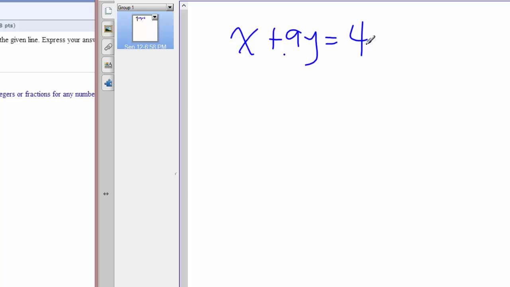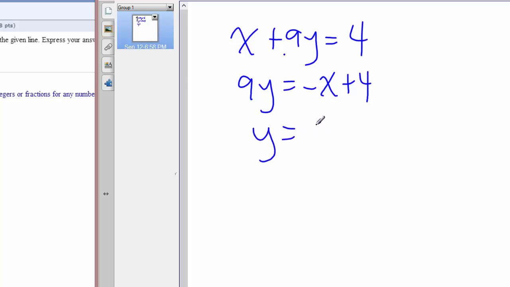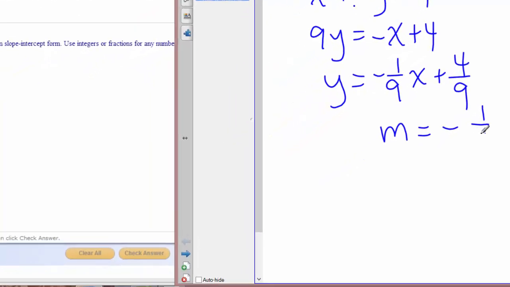So in order to find the slope of this line, we need to put it in slope-intercept form, which is just some simple algebra. So we will add the opposite of x to both sides, and then we will divide both sides by 9. So the slope of this line is negative 1/9.